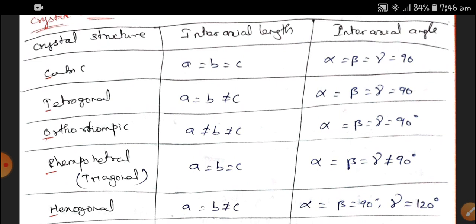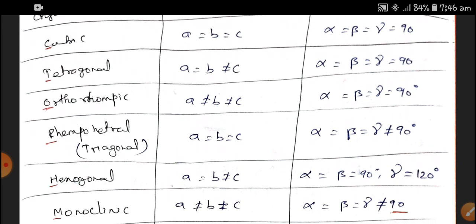For cubic, A equals B equals C and the angles alpha equals beta equals gamma equals 90 degrees. For tetragonal, A equals B but not equal to C, and the angles alpha, beta, gamma are all 90 degrees. In orthorhombic, A is not equal to B and not equal to C, where alpha equals beta equals gamma equals 90 degrees.